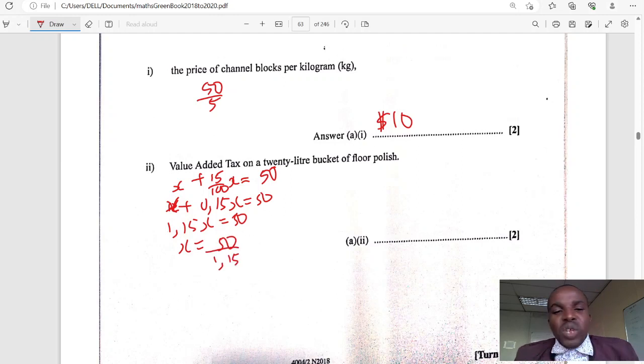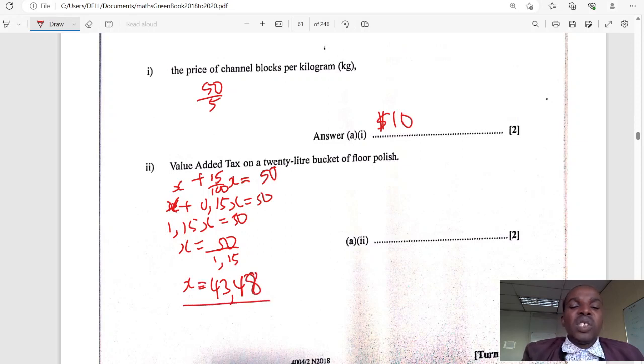You divide, so you can use your calculator. Let me clear my item first. So it's 50 divided by 1.15. It's 43.48, something like this.